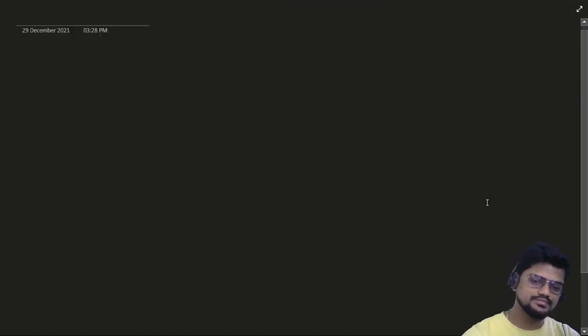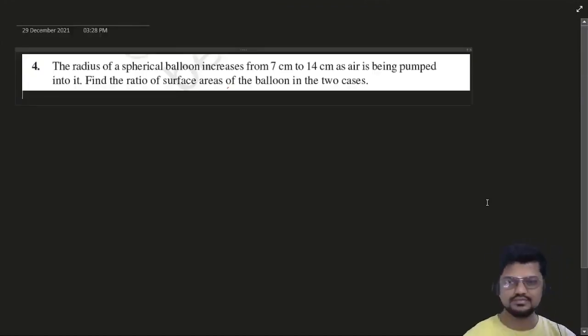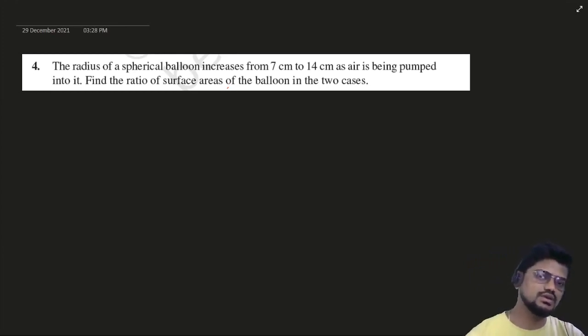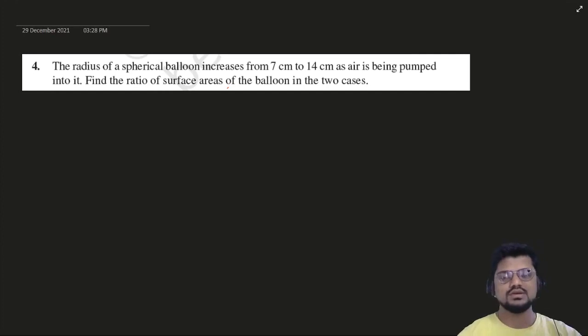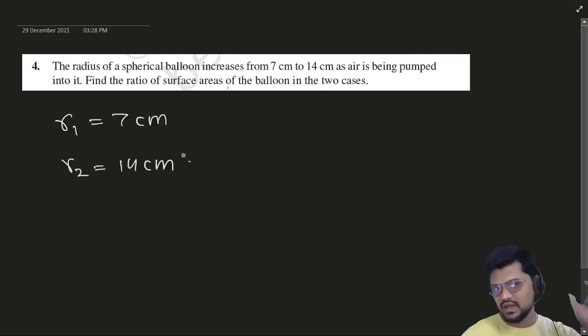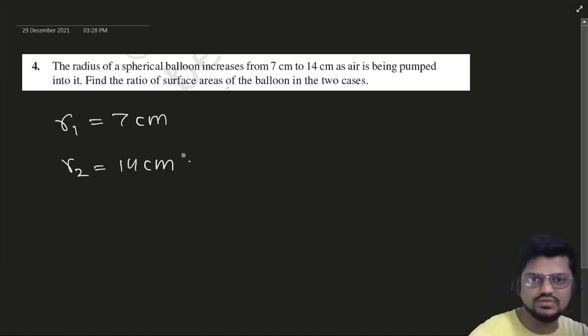Okay, let's do it. The radius of a spherical balloon increases from 7 centimeter to 14 centimeter. So we can say the value of R1 is 7 centimeter and the value of R2 is 14 centimeter. As air is being pumped into it, find the ratio of the surface area of the balloon in two cases.